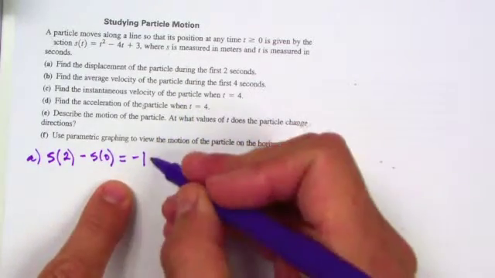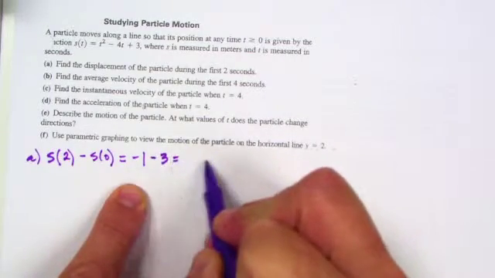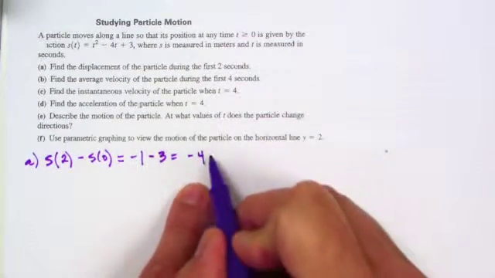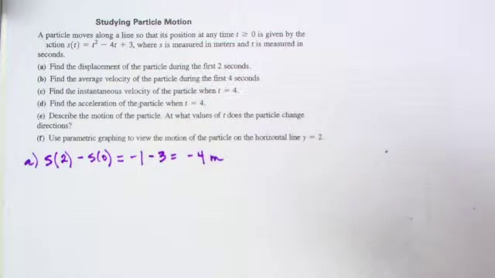And then minus S of 0, which is 3. So your displacement is negative 4 meters. What's that mean? Interpret that. 4 meters away from the start. Okay, and I guess to the left or behind or whatever you want to say. Yep.